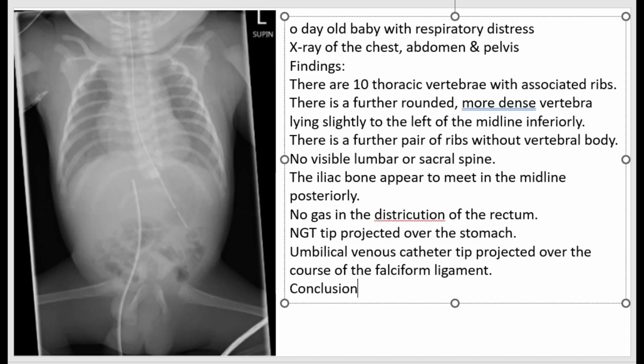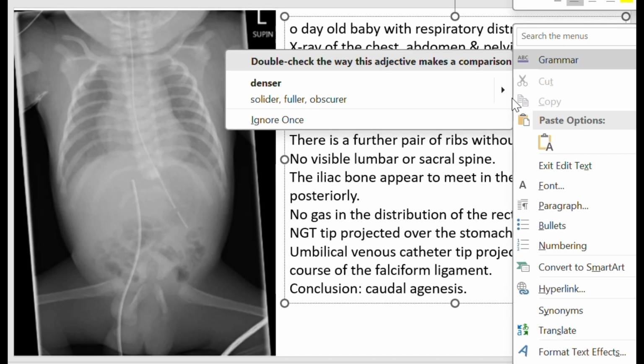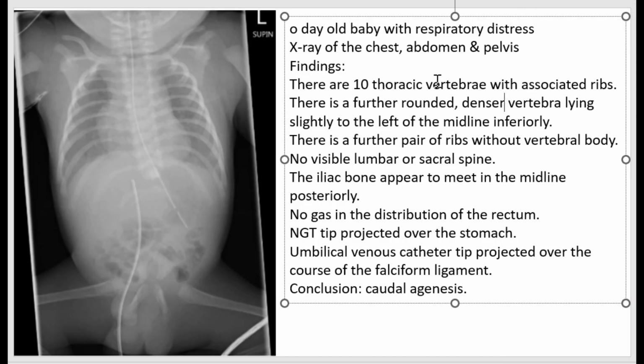Conclusion: caudal agenesis. So I think that's all for this case.